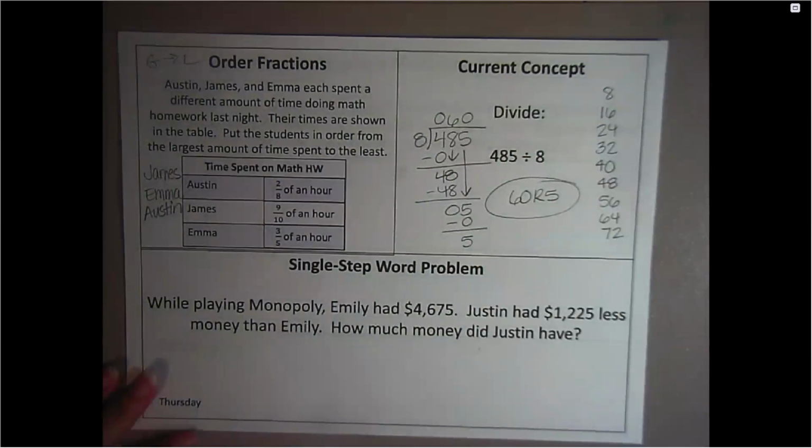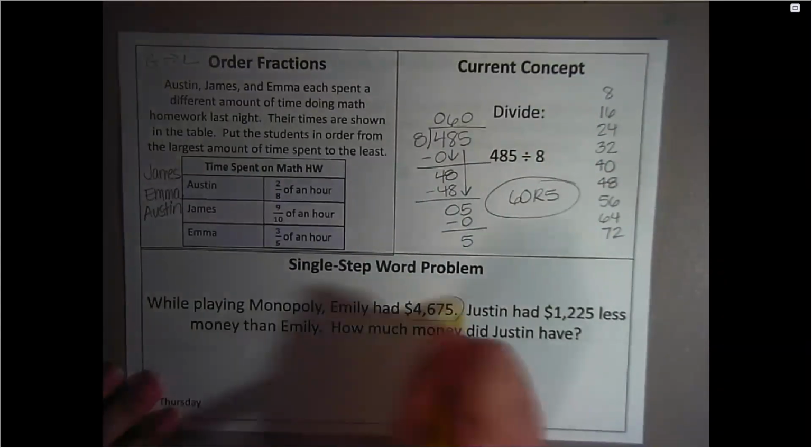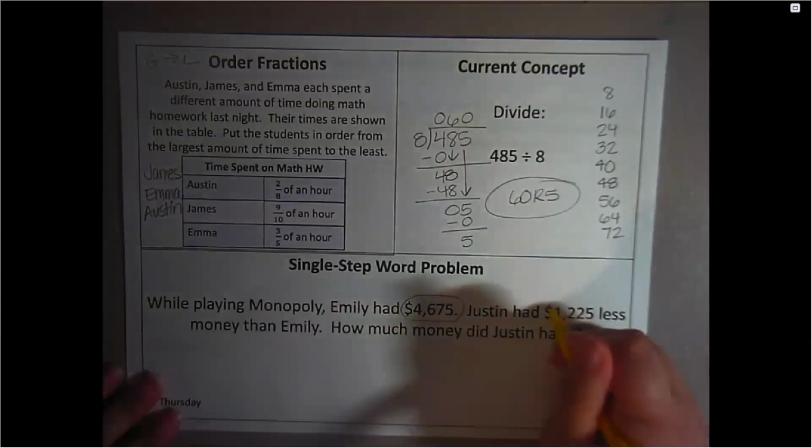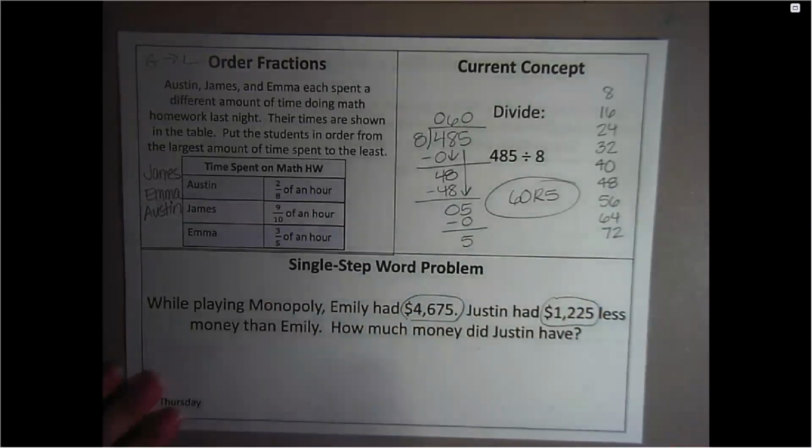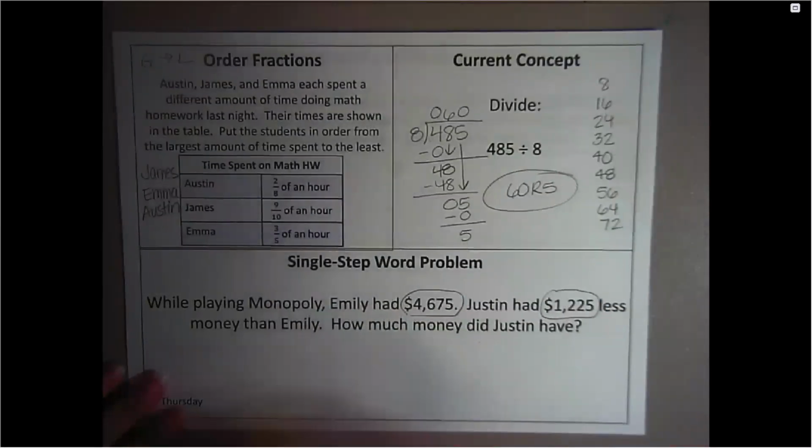Number 3 for Thursday, it says, while playing Monopoly, Emily had $4,675. Justin had $1,225 less money than Emily. How much money did Justin have?